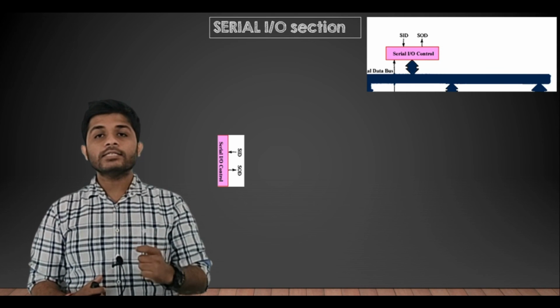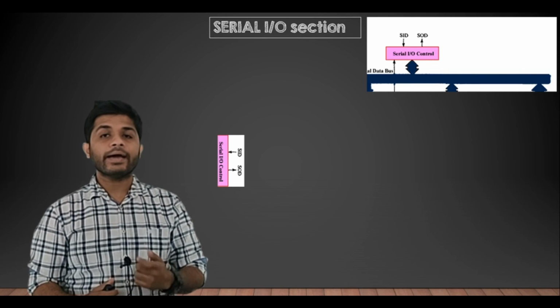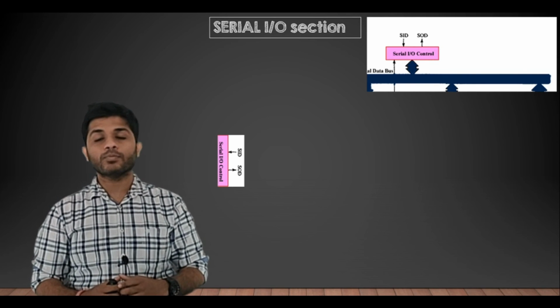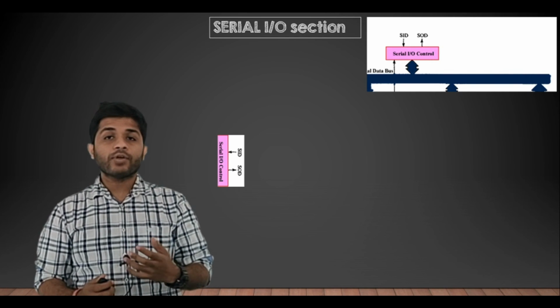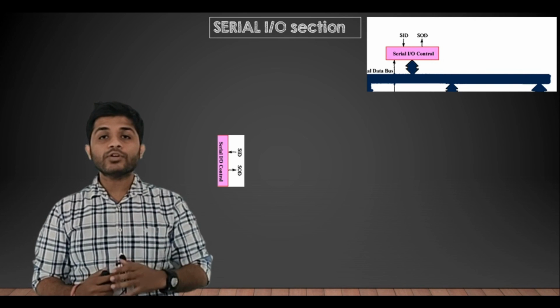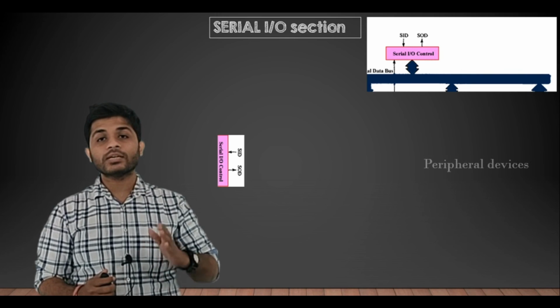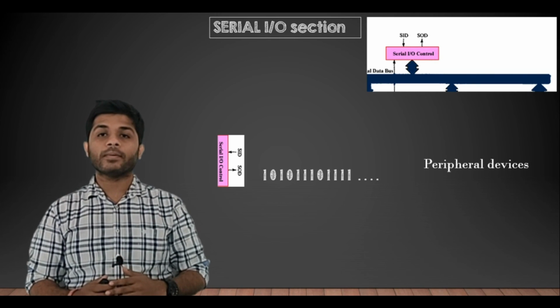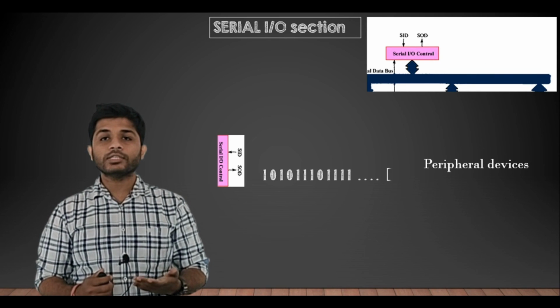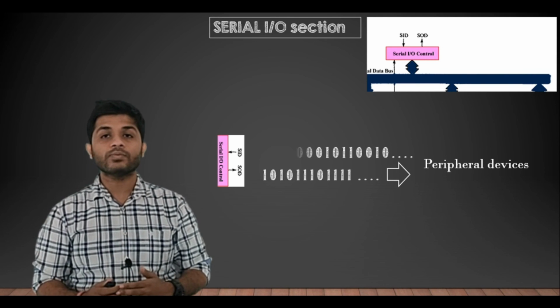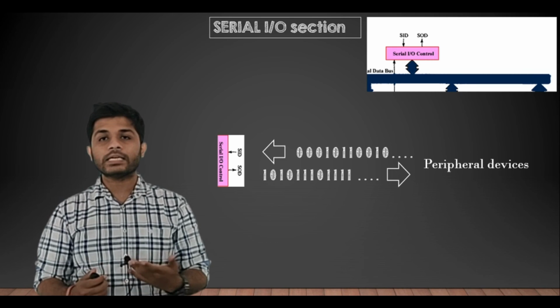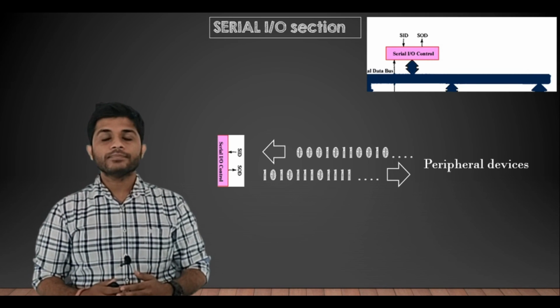SID means serial input data and SOD means serial output data. It means that if you want to send 8 bits of data, you have to send all these bits one by one. And if you want to receive data, you have to receive all the bits one by one. You cannot send data in parallel, right?